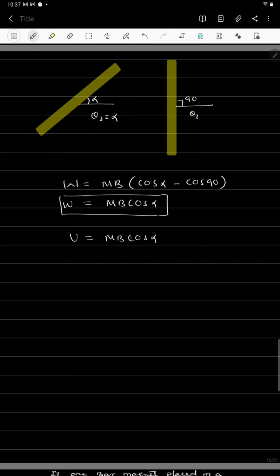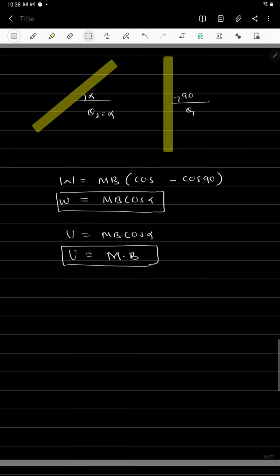We can write this mB cos alpha in dot product form, in scalar form, as capital M dot B. Similarly, for the next situation, this is theta 1 and this is theta 2. It means we should write 90, and you will get minus mB cos alpha, and here minus M dot B.